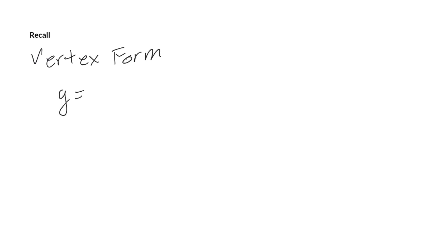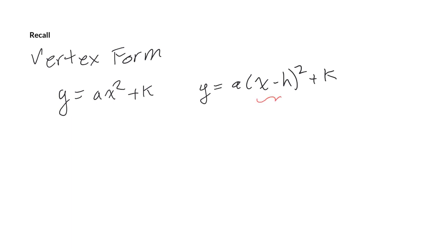Y is equal to ax squared plus k, and y is equal to a(x minus h) squared plus k, and any variants that happen inside here as well. So let's begin.